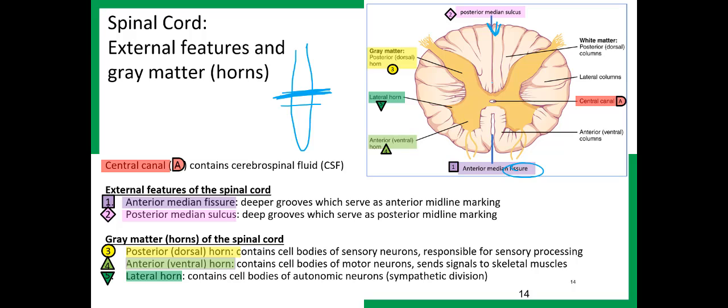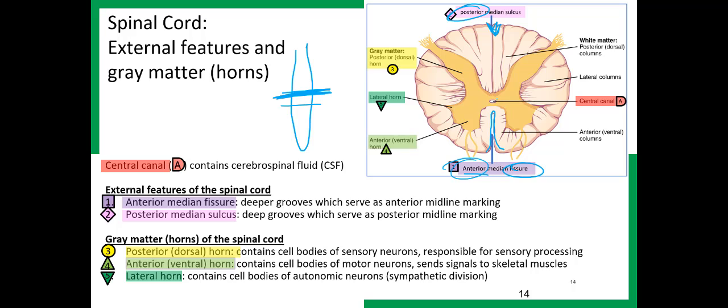The only relevance of this to you is if you're a MedLab student looking at slices of spinal cord: the part that has a deeper indentation is the anterior median fissure, and the part that has a shallower indentation is called the posterior median sulcus. The only relevance of this is you can orient yourself as to what's the front, anterior, and what's the back of the spinal cord.